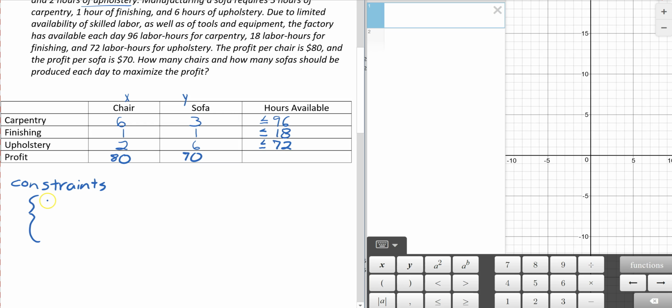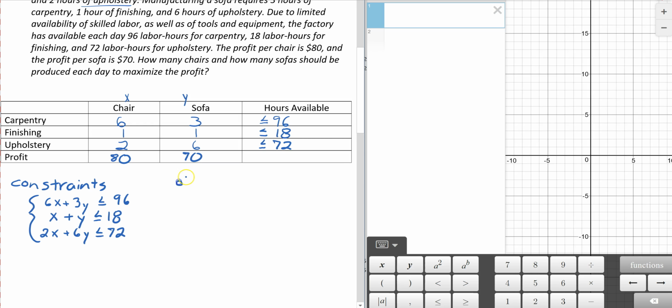So my first inequality is 6x plus 3y is less than or equal to 96. My second inequality is 1x, or just x, plus 1y, or just y, is less than or equal to 18. And for upholstery, we have 2x plus 6y is less than or equal to 72. There are my constraints.